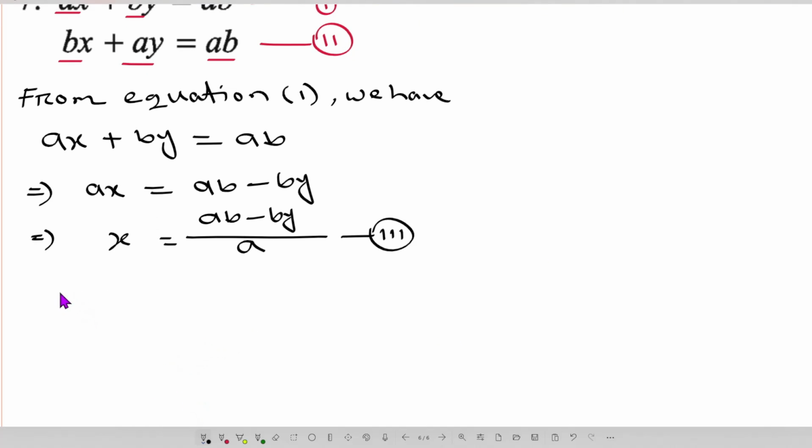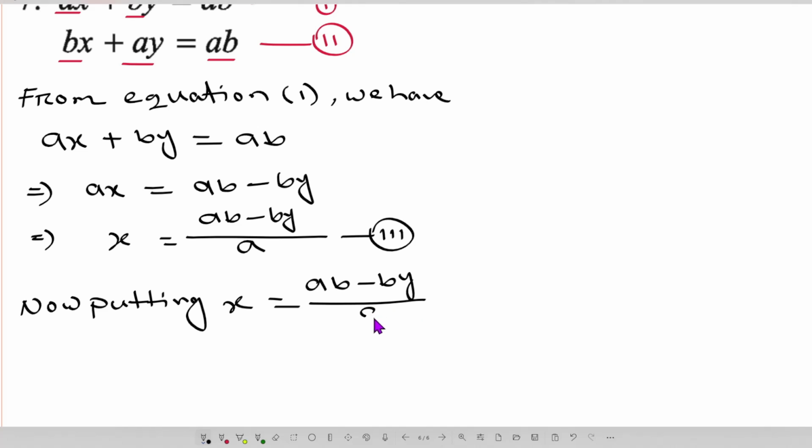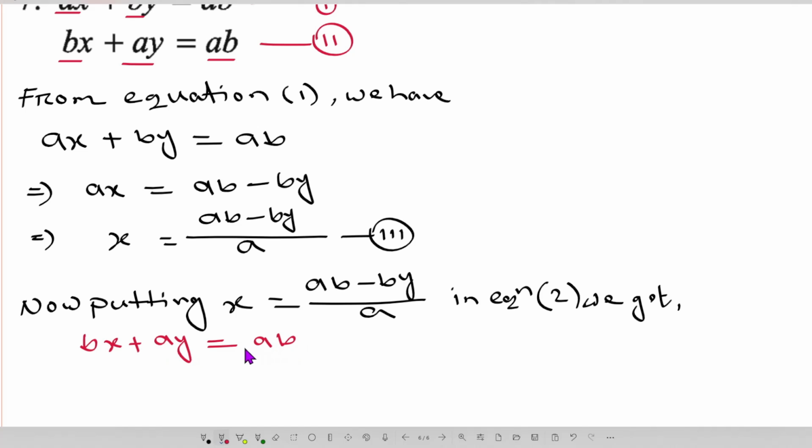So we can write, putting x equals ab minus by divided by a in equation 2, we get bx plus ay equals ab.